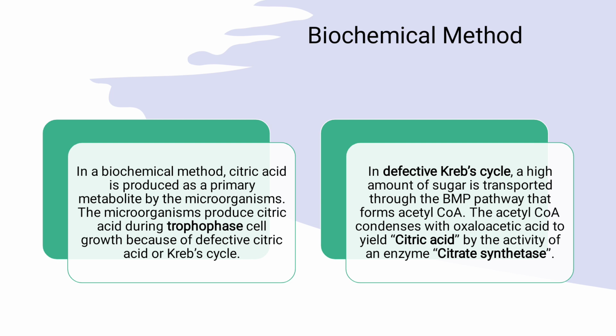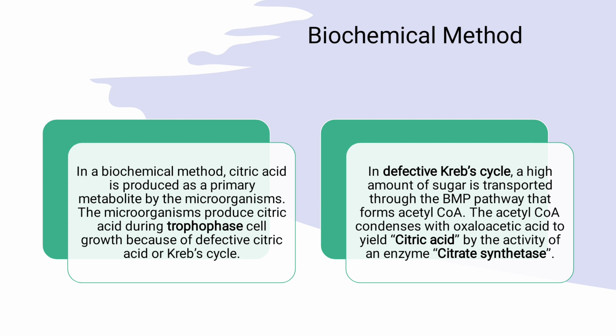Biochemical method. In the biochemical method, citric acid is produced as a primary metabolite by the microorganisms. The microorganisms produce citric acid during trophophase cell growth because of a defective citric acid or Krebs cycle. In the defective Krebs cycle, a high amount of sugar is transported through the EMP pathway that forms acetyl-CoA.